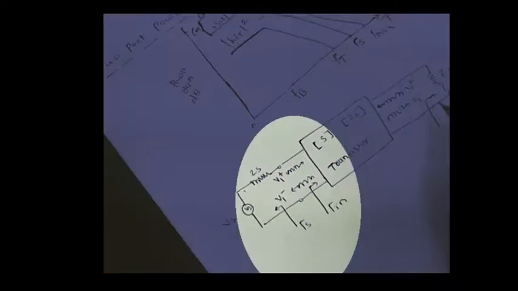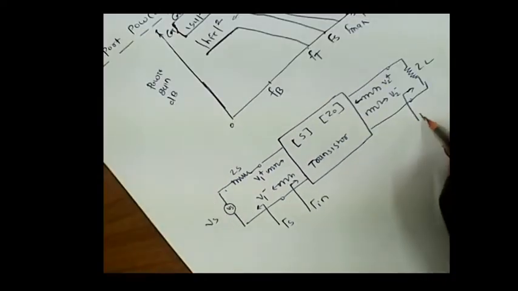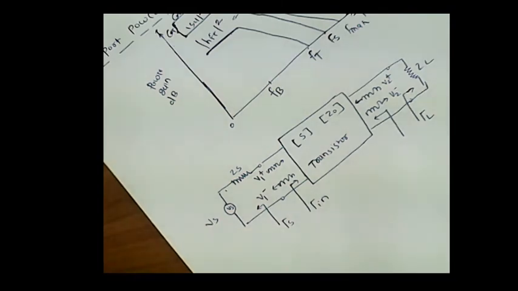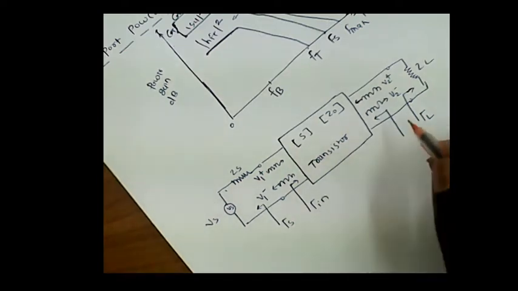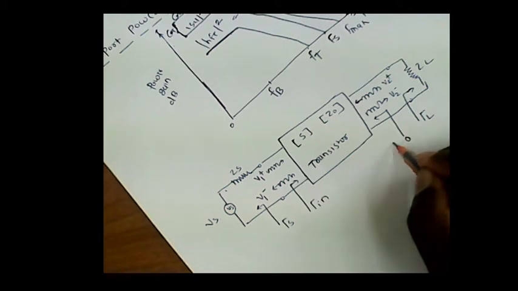Similarly, when we look towards the load, the reflection coefficient is gamma L. When we look at the reflection coefficient towards the output of the two port network, it is gamma out.